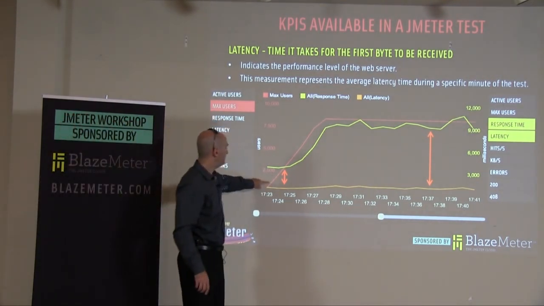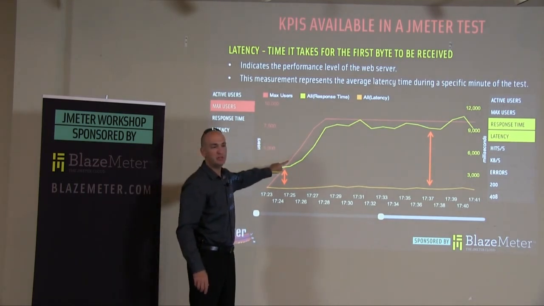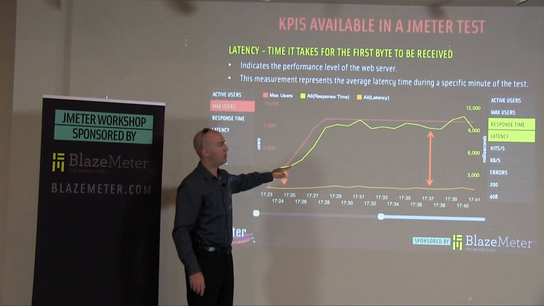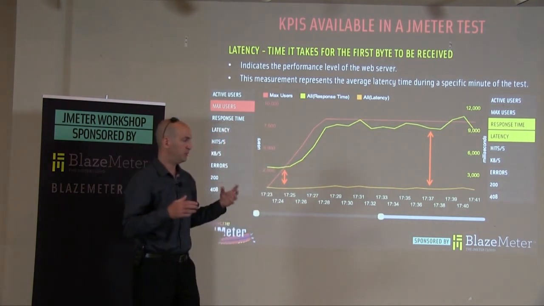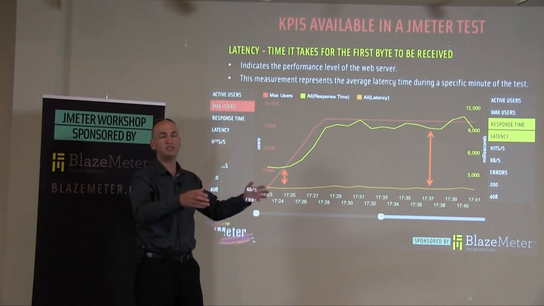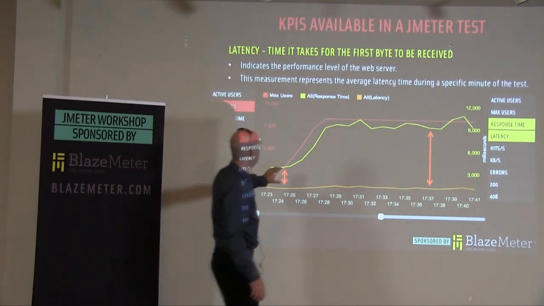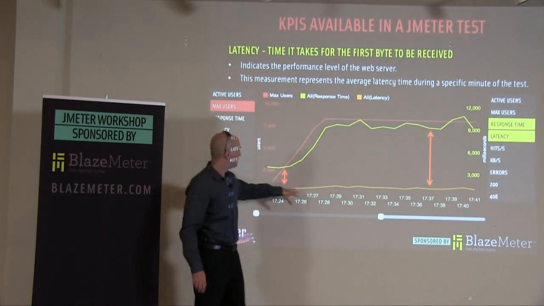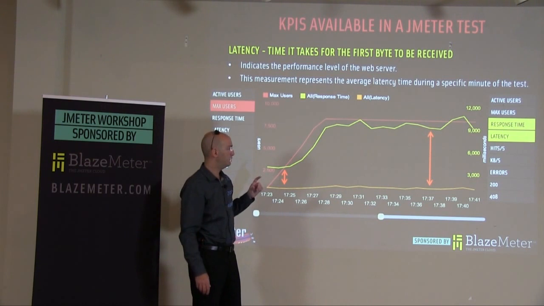If you see the latency go up with the response time, it will usually indicate that you have a problem with the server configuration, that the IIS number of workers is not configured right. If you see it like this, where the latency is okay, it's sensitive to load. You see it's going up a bit, but not too much.